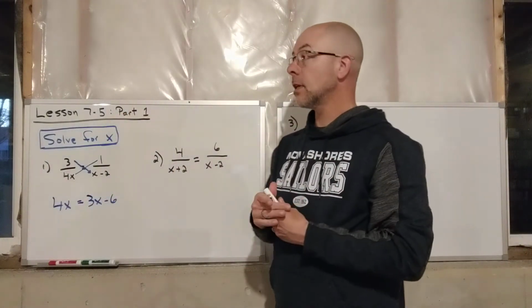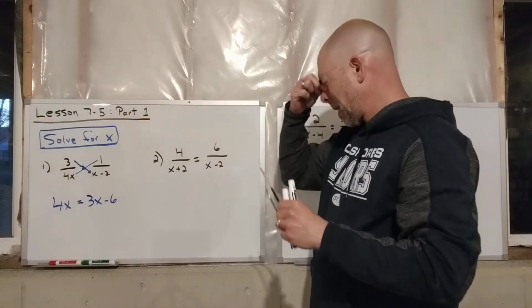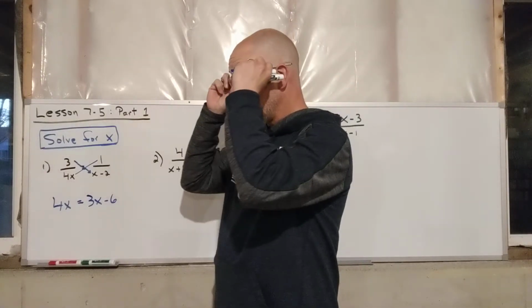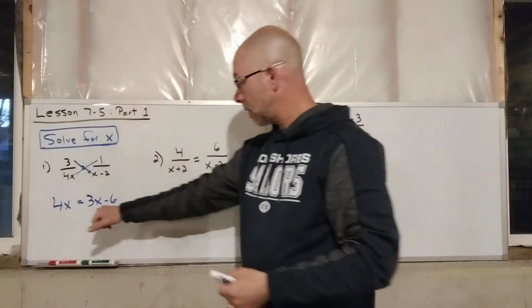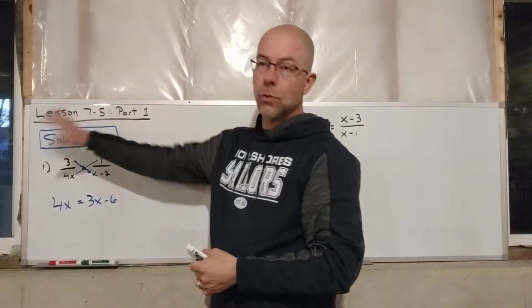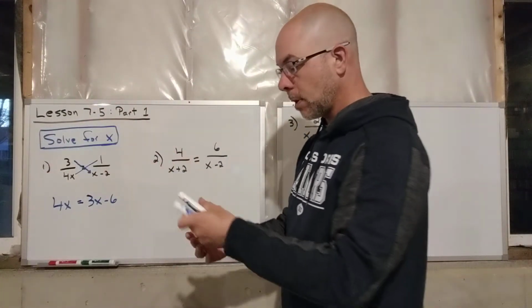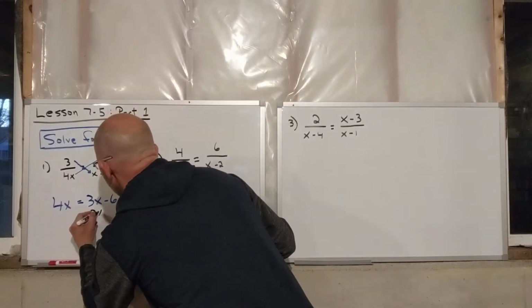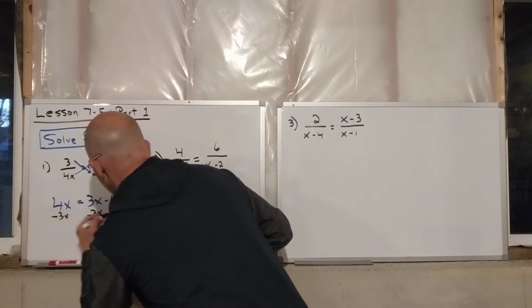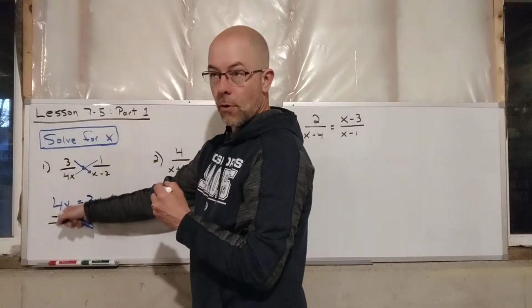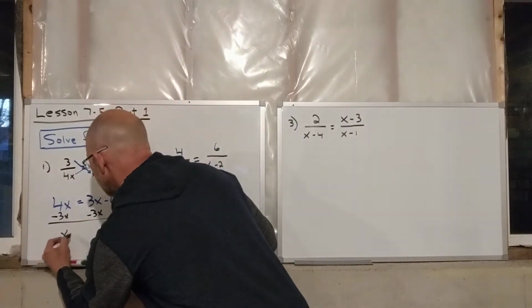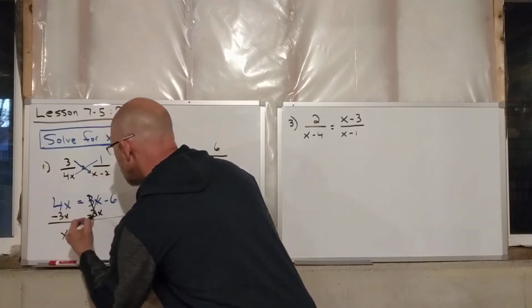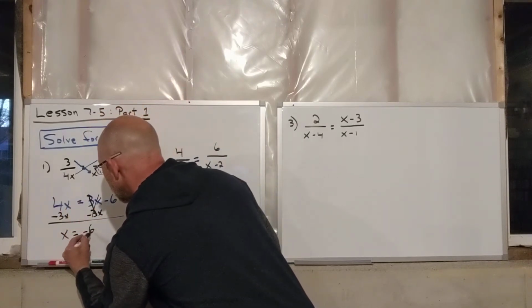Just me personally, I like to have the most x on the left, and that way I'll be moving the smaller x to the bigger x. Hence, I'm going to be subtracting 3x from both sides to solve this equation. So over here, 4x minus 3x is 1x. That cancels, and that's just negative 6.